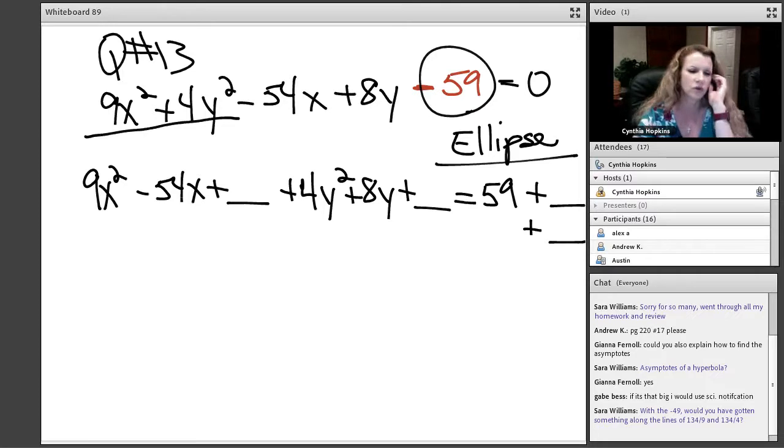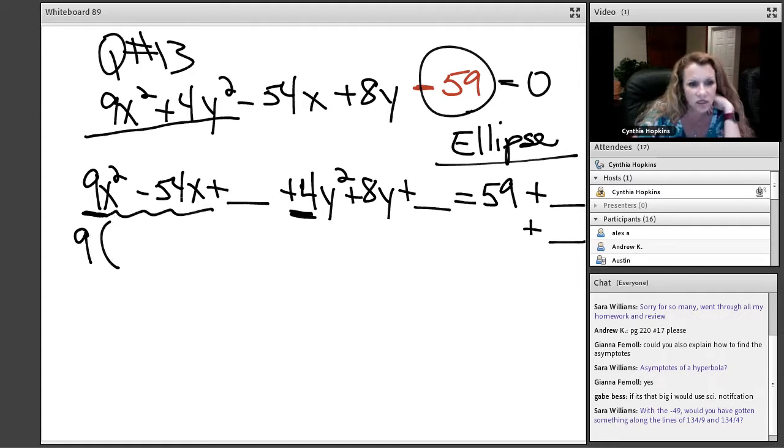Okay, so those of you who want to take half of 54 and then square it, you do not realize that that is only the two steps you take if your leading coefficient is a 1. Well, it's not. It's this 9. And for the y squared, it's this 4. This has to be your first step. You must factor out the 9 first out of these two terms.